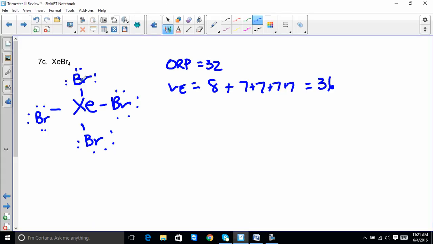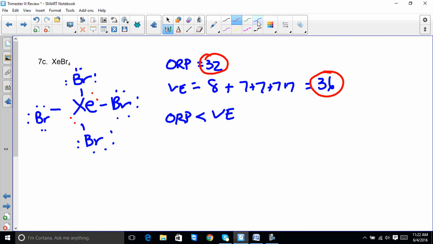But what happens this time is that ORP is too small. And that means, I'm going to go up here and switch colors because I'm too lazy to redraw this, I have to take this original sketch, and the difference between 32 and 36 is 4. I have to add 4 dots.